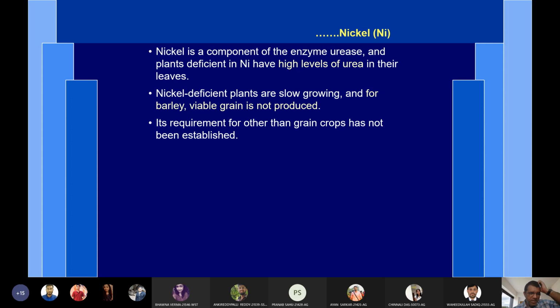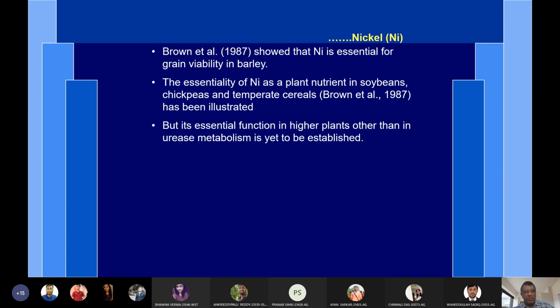You need to remember nickel was proposed as an essential element by Brown et al. in 1987, in barley, where it was necessary for viability of the seeds. Nickel is generally sufficient in soils. Whatever is required is there in the soil. It is dealt with mostly from the point of view of toxicity, not deficiency.